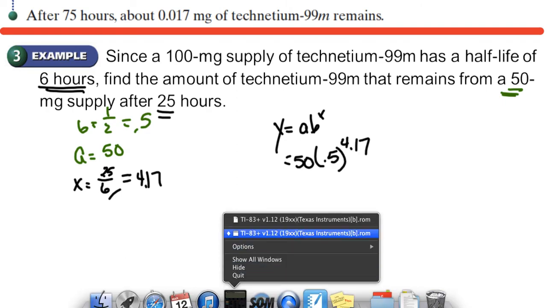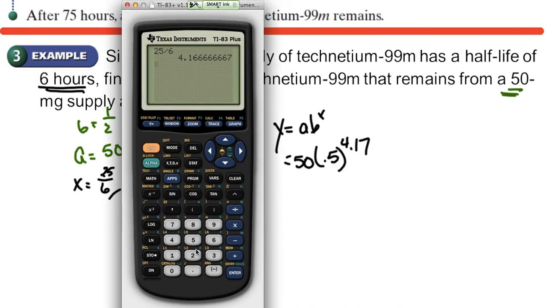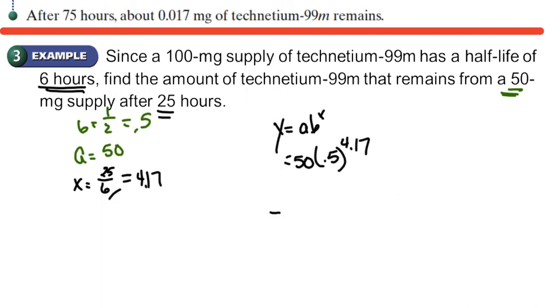All right, so 50 times 0.5 raised to the 4.17, and that gives us 2.77. So after 25 hours, we have approximately 2.78 milligrams remaining. Okay.